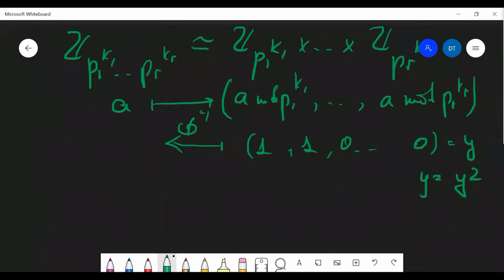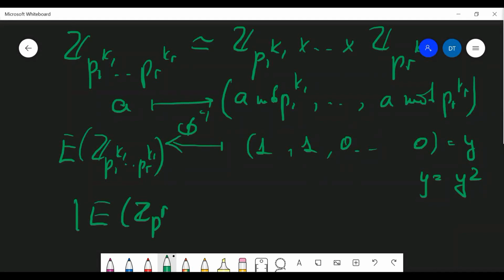So this is how you compute all the idempotents for this ring. If you have r distinct primes, then there are 2 to the r distinct idempotents. I didn't prove anything, just to be clear. I didn't prove this claim. I'm just saying that this is the way you produce the result.